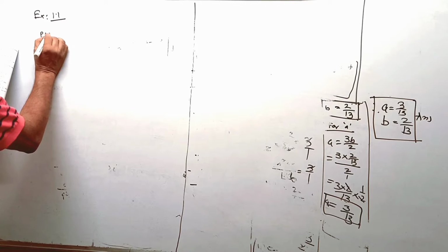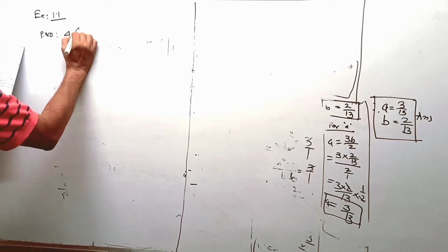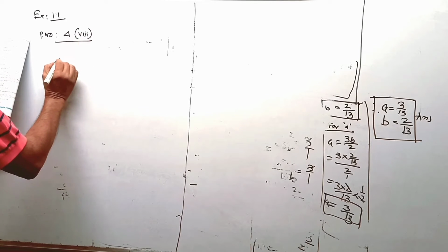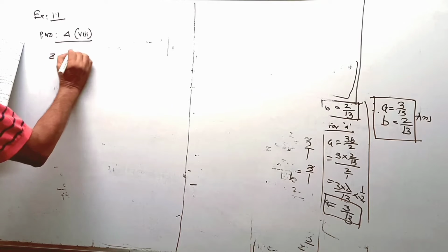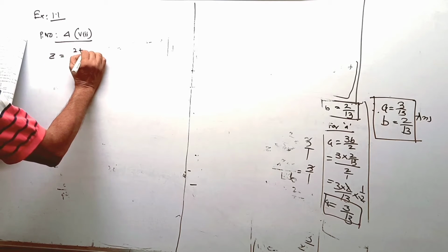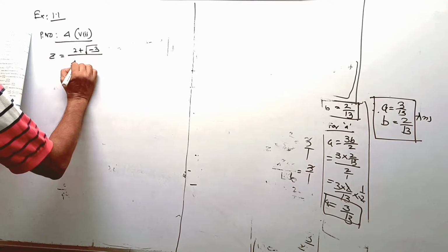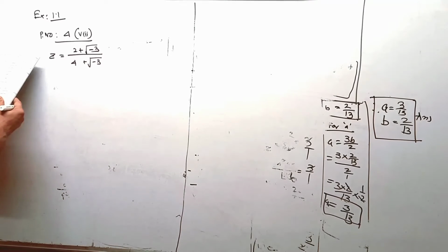Problem number 4 and 8. We are given z equals (2 plus root 3i) by (4 plus root 3i).